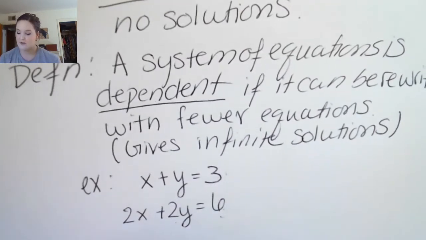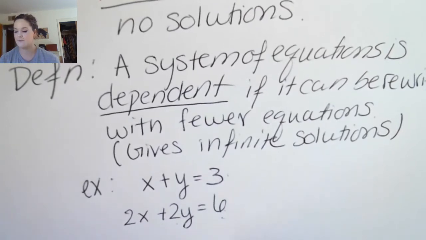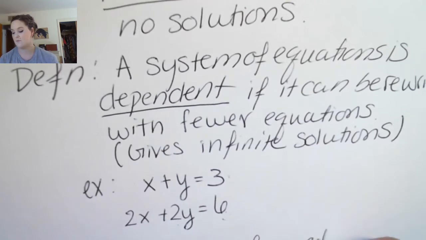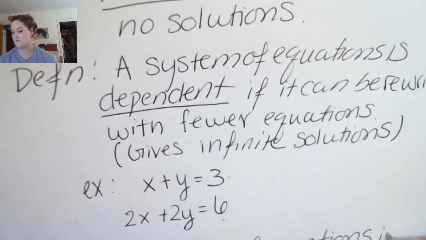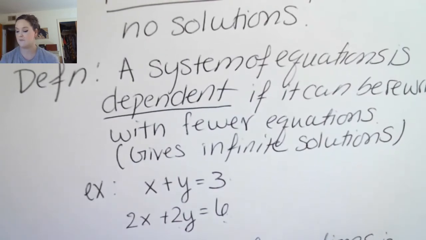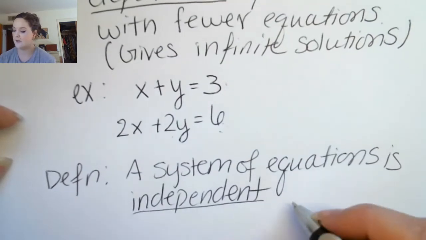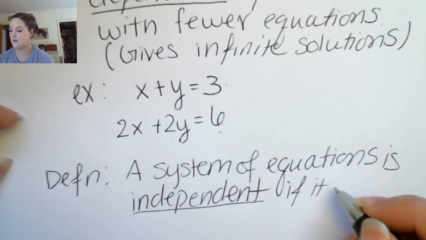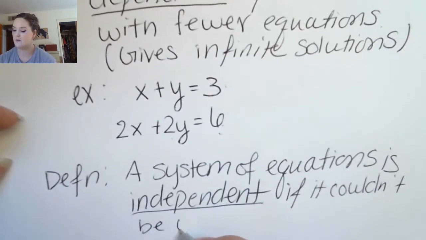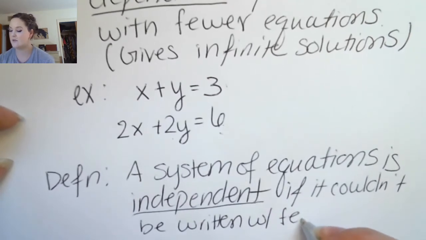Now the opposite of that would be independent. Okay, so we say it's independent if it couldn't be written with fewer equations.